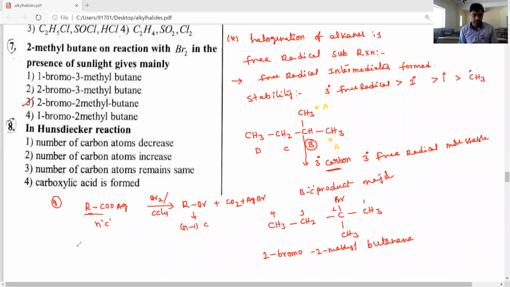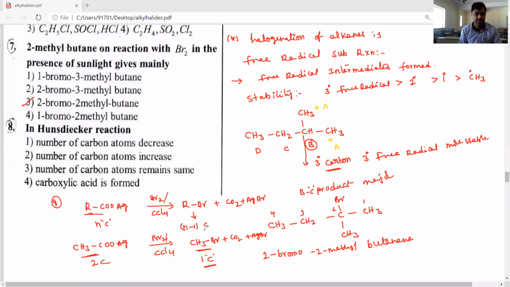Okay, for example, CH3COOAg, silver salt of acetic acid, treated with bromine in the presence of carbon tetrachloride. The product is bromomethane plus CO2 plus AgBr. So the major product is methyl bromide. Here the reactant has 2 carbons, the product has only 1 carbon. So 1 carbon is less.